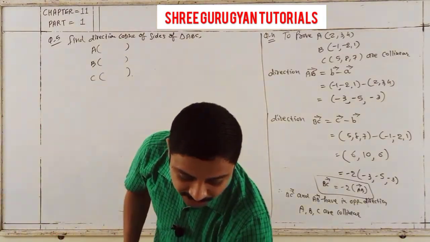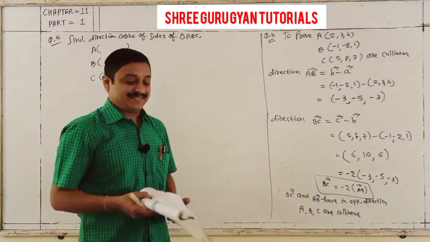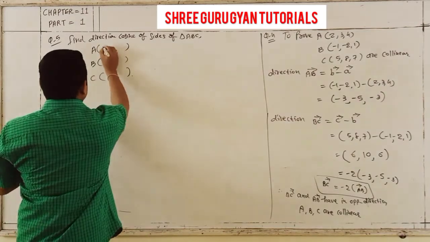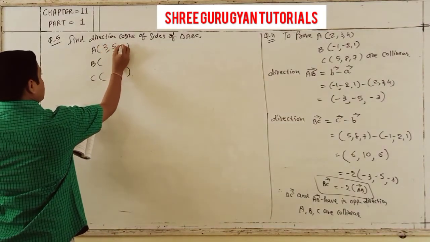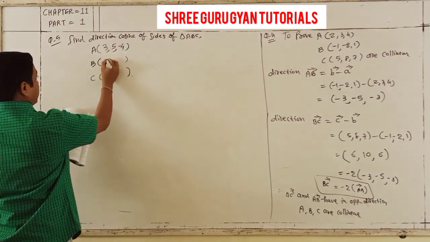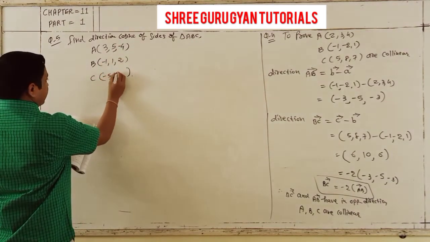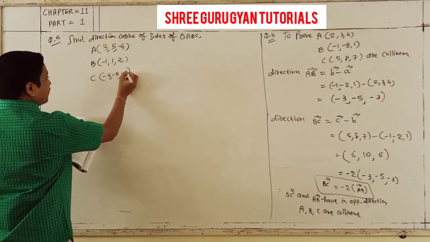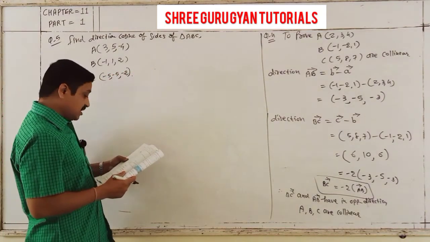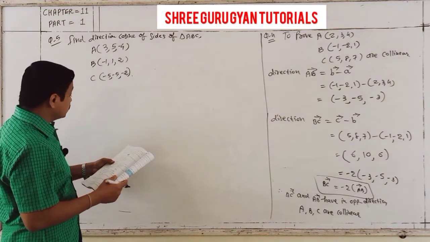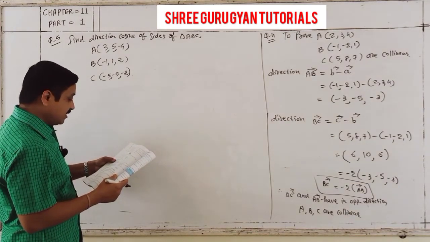Yes, direction cosines for related sides. A I have (3, 5, minus 4), B (minus 1, 1, 2) and C (minus 5, minus 5, minus 2).